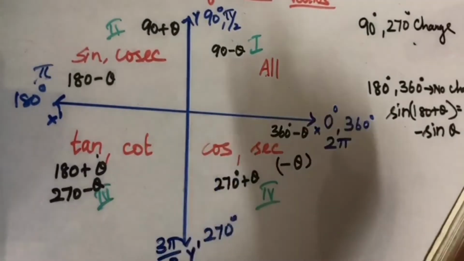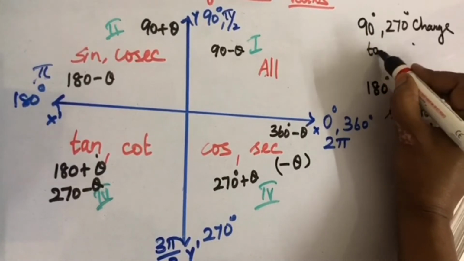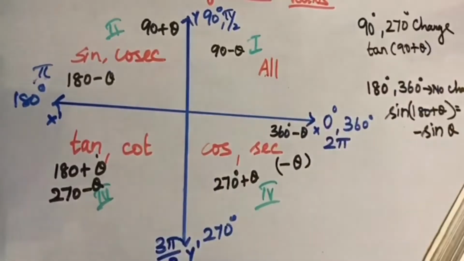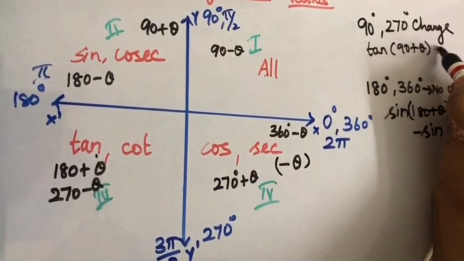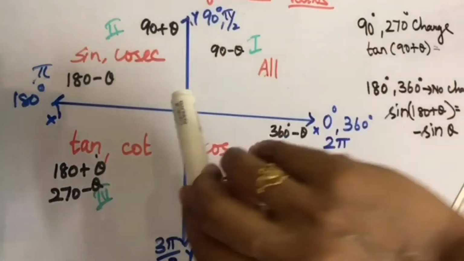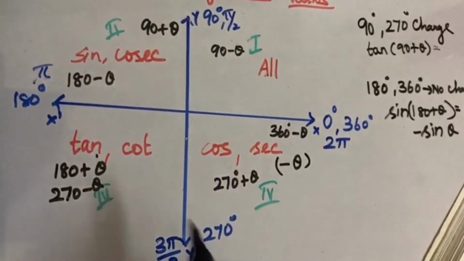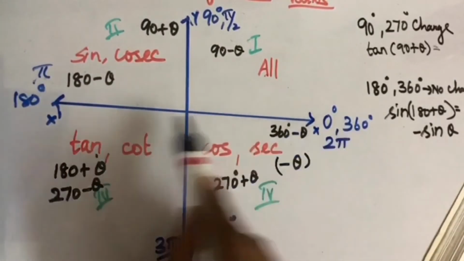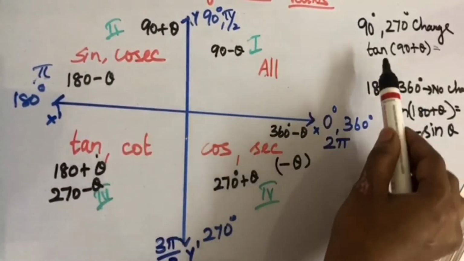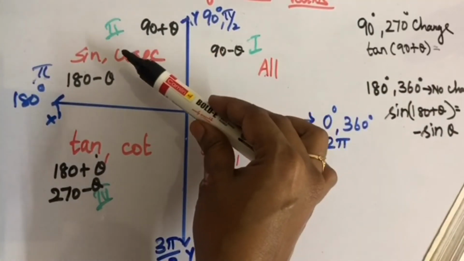Similarly, okay, for tan 90 plus theta, I said for 90 degree and 270 degree there is a change. For angles on the Y-axis there is a change, but not for the angles which lie on the horizontal axis. So tan 90 plus theta, it comes in the second quadrant.